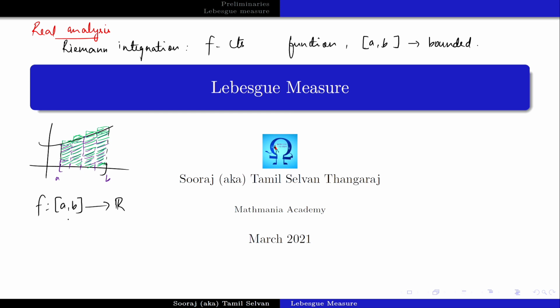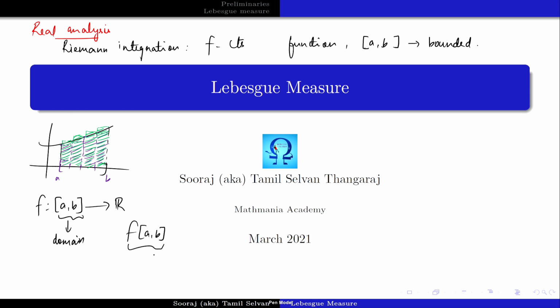Here we subdivide the domain and look for these things, whereas Lebesgue's approach is that we find the range of the function.